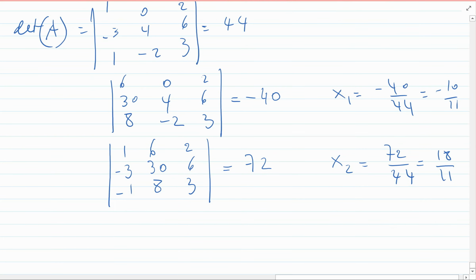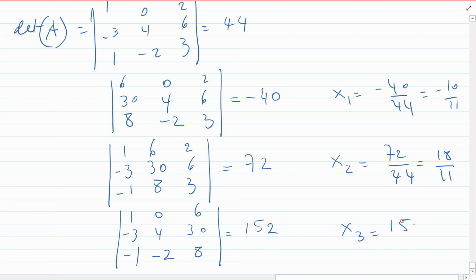The next one, we replace the third column by the column vector B: 1, minus 3, minus 1, and 0, 4, minus 2, 6, 30, and 8. The calculation will give us 152, and therefore x3 is equal to 152 divided by 44.